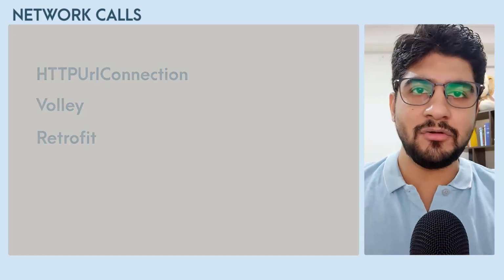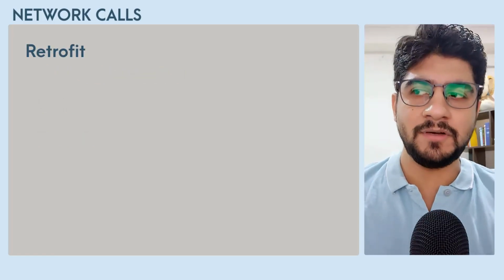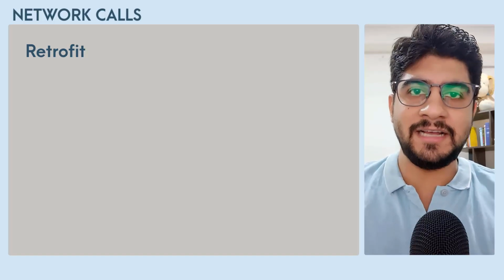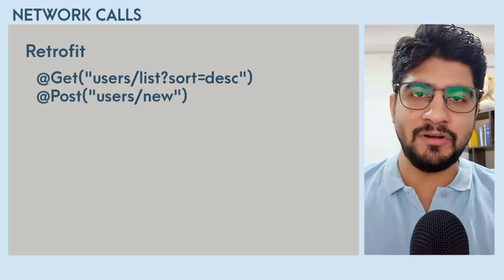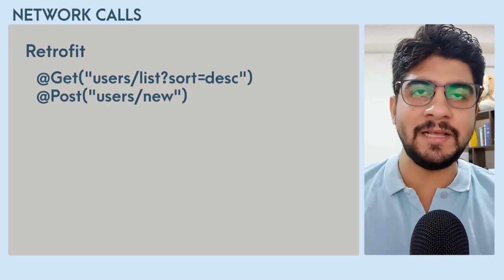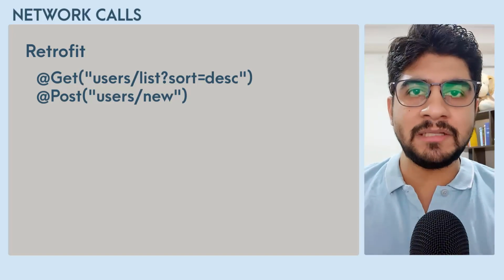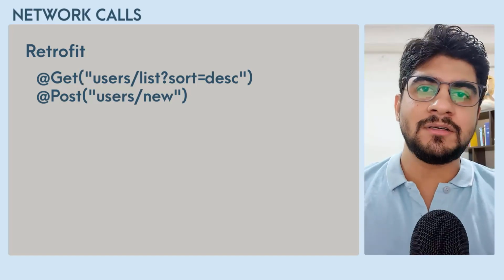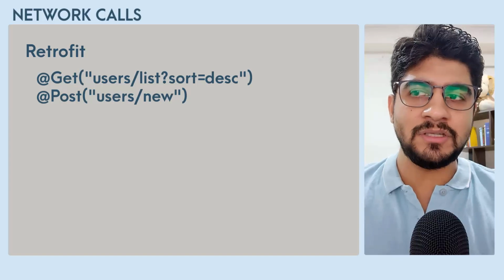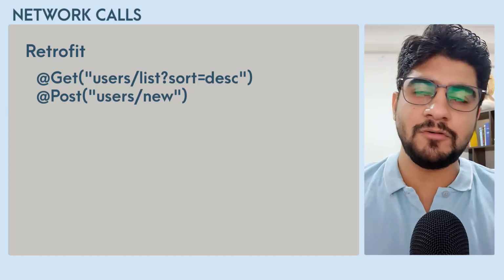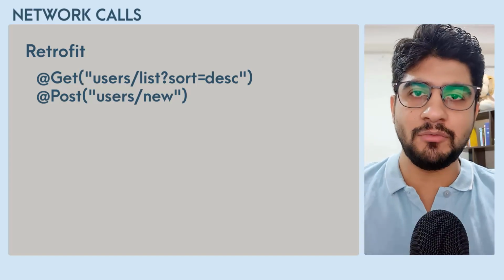Now in Retrofit you can annotate functions with @GET and @POST, and by this I think you will understand the meaning automatically. When you annotate a method with @GET, the API call will be a GET call. When you annotate with @POST, the API call will be a POST call. Of course, you can specify the path of the URL as well.